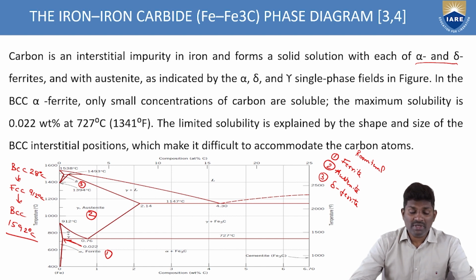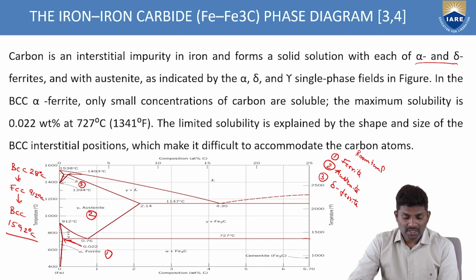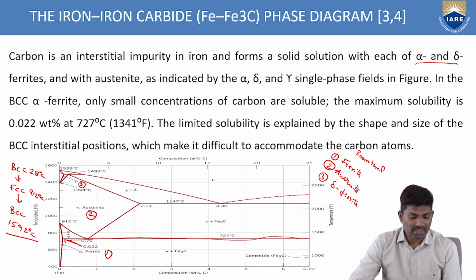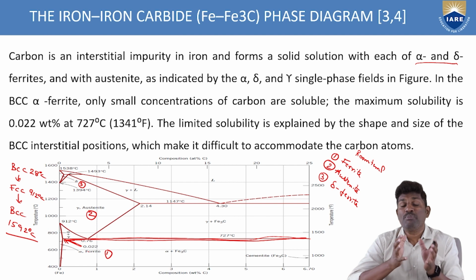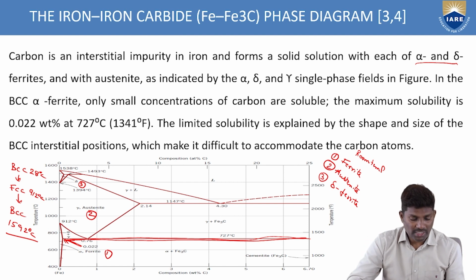At 727 degrees centigrade. So this is the complete line of 727 degrees centigrade. At 727 degrees centigrade, we have alpha ferrite which has 0.022 weight percentage of carbon. So very little carbon content. That's why it's called pure iron. So at this point of 0.022 you have pure iron.